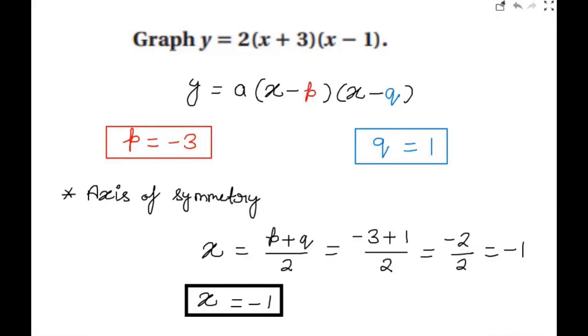After finding the axis of symmetry, we also need to figure out the vertex of the given quadratic function. For getting the vertex, we'll substitute the value of x into the given equation. The equation is y equals 2 times (x plus 3) times (x minus 1).